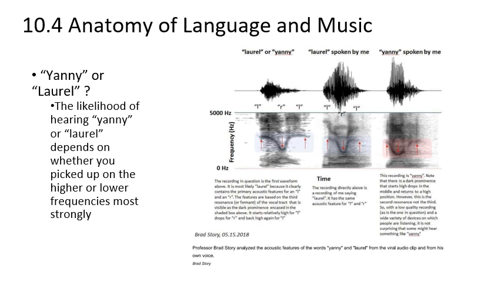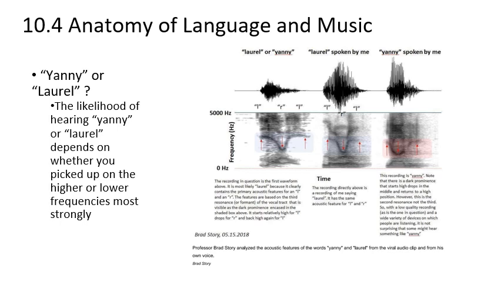The first one is the actual audio recording that was interpreted as Yanny or Laurel. The second is the word Laurel spoken by Professor Story, and the third is Yanny spoken by Story. You can see there's a similarity in the dark sections of the words. It's the same kind of blob shape in the black part of each of those audio files.